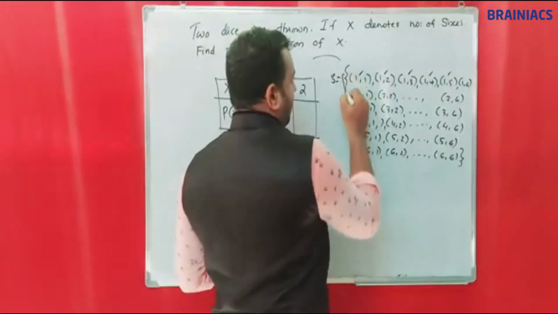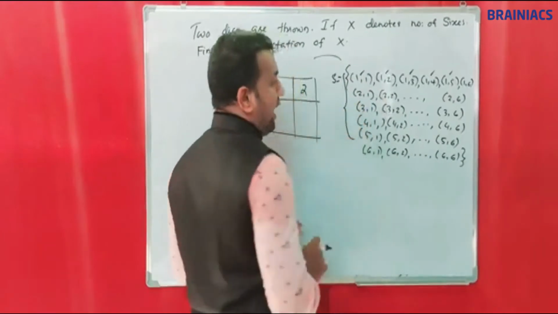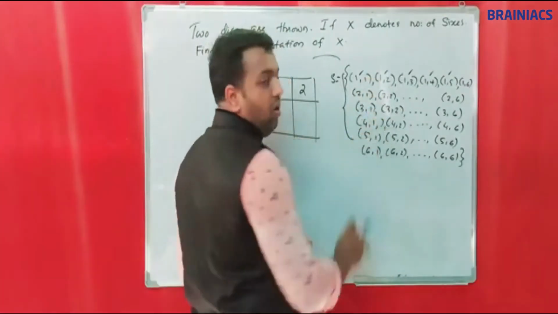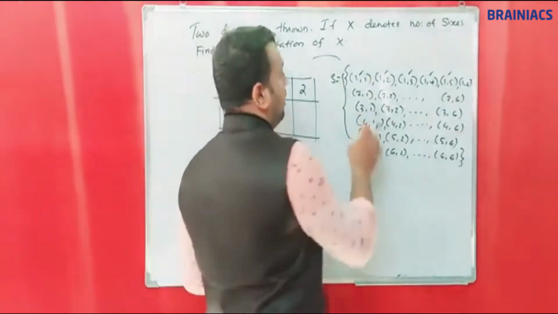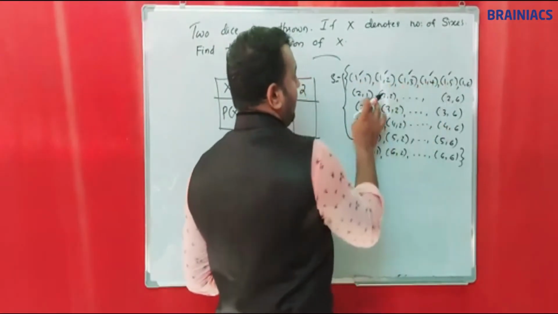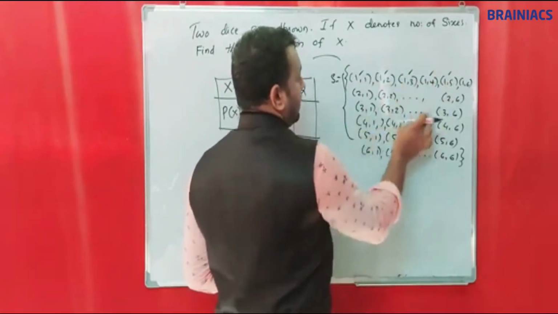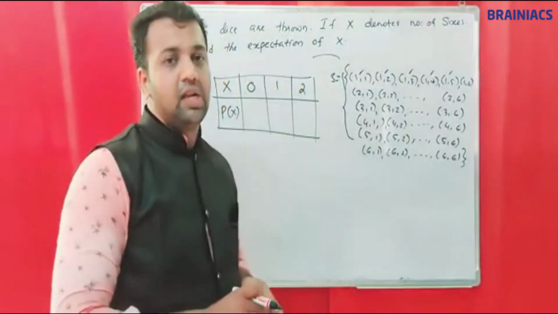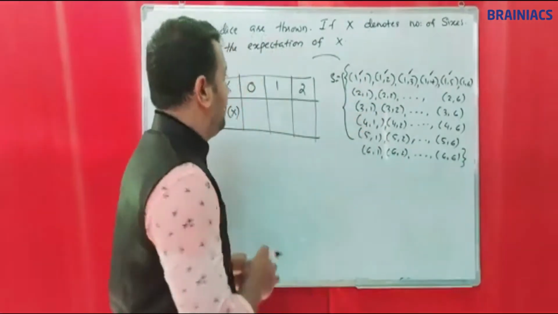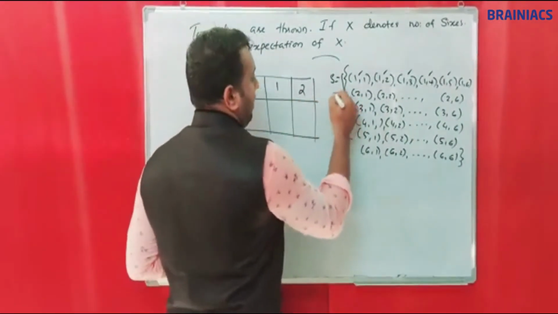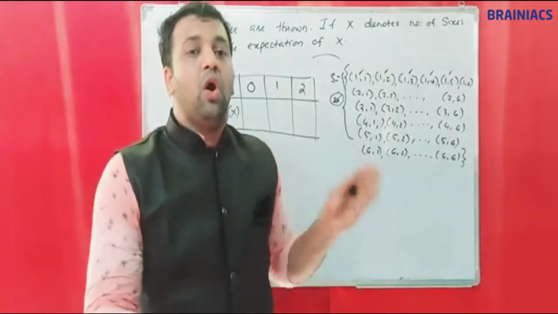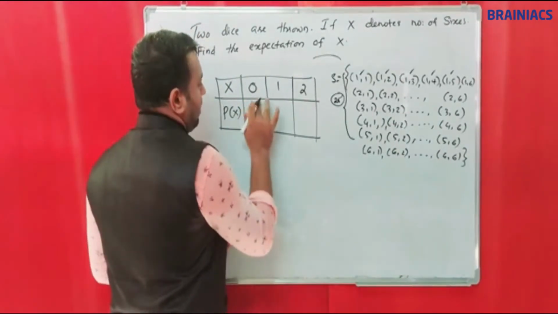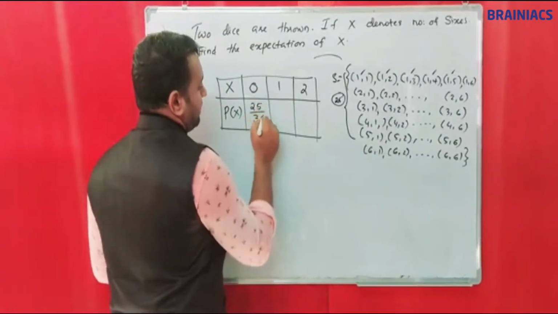We can see that there are 5 cases in each row, 5 cases in each of the 5 rows. So 5 into 5, 25 cases where there is no 6. So the probability P of x equal to 0 is 25 by 36.